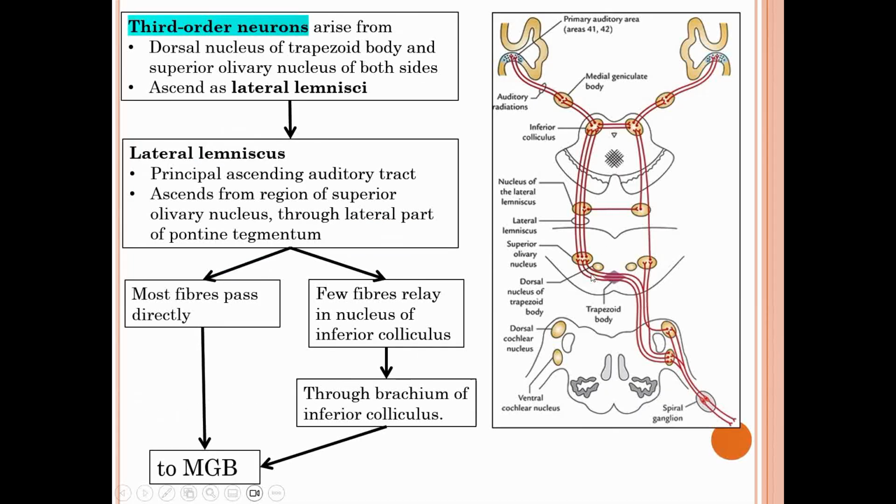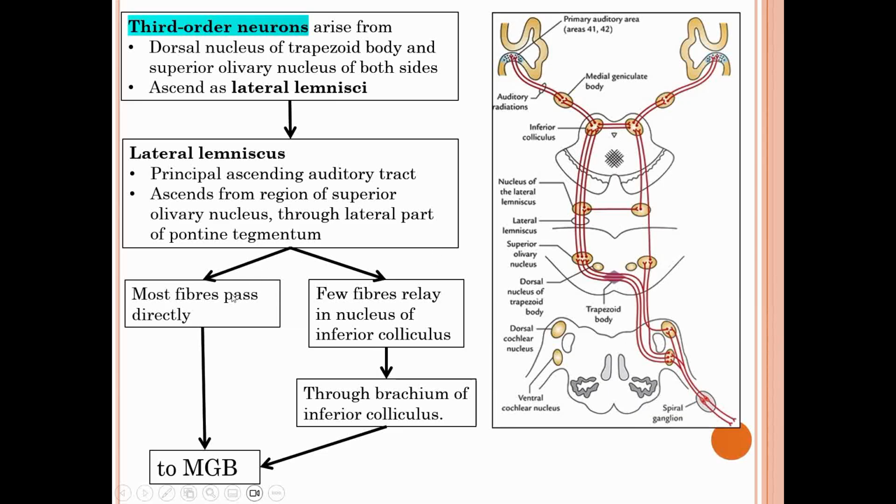The third order neuron is present in the dorsal nucleus of the trapezoid body and superior olivary nucleus, and they ascend in the lateral lemniscus. The lateral lemniscus is the principal ascending auditory tract. It ascends from the region of the superior olivary nucleus through the lateral part of the pontine tegmentum. So here is the lateral lemniscus.